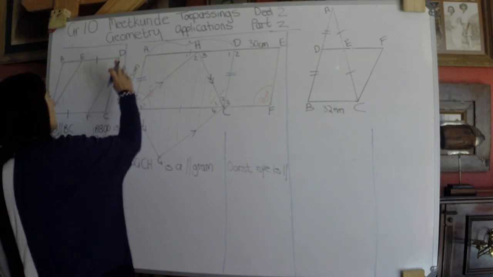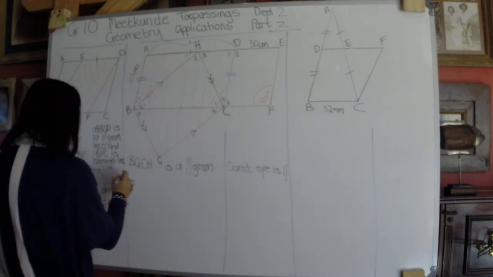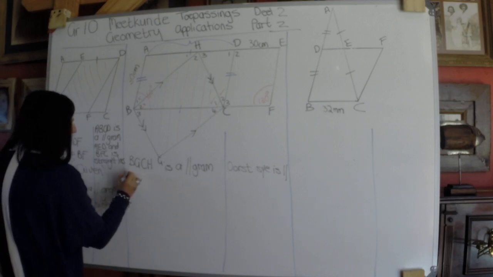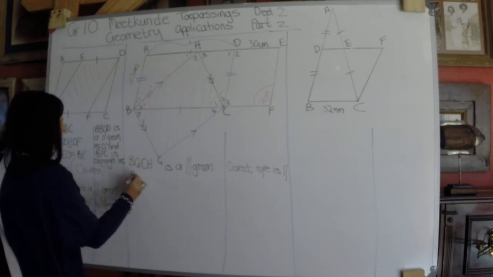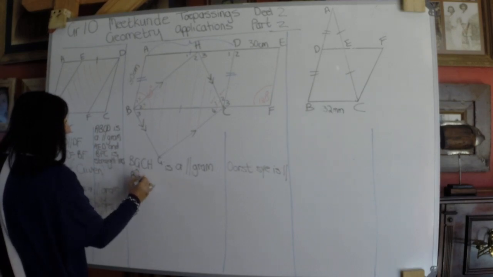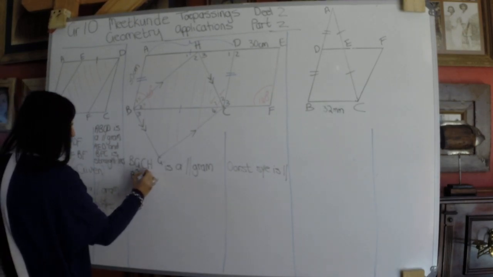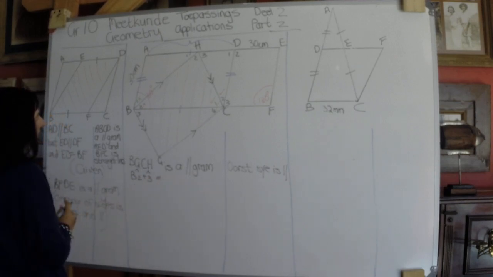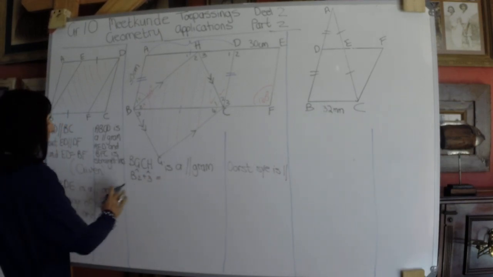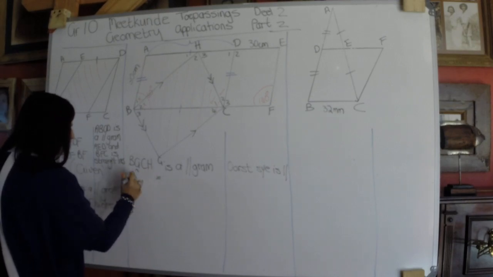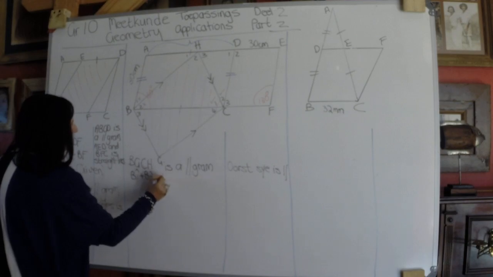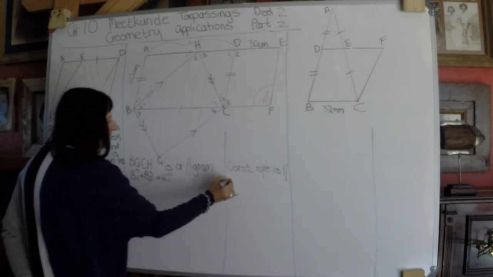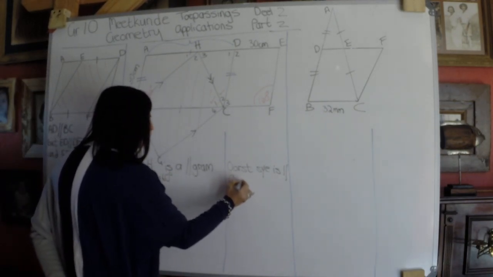ABC, that's B2 plus B3. ABC is B1 plus B2, which equals 60 degrees.